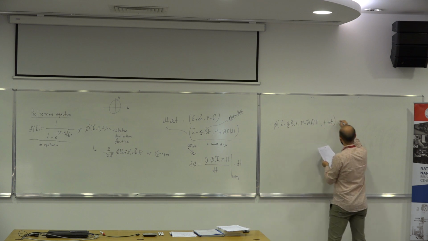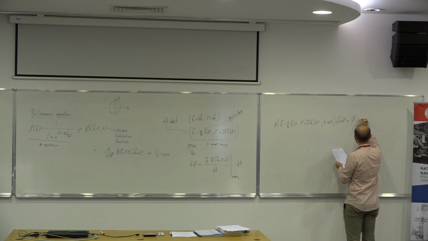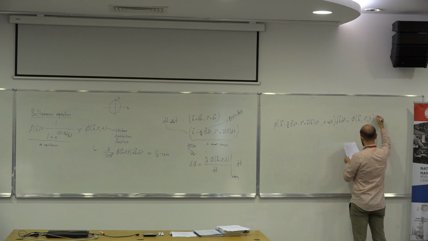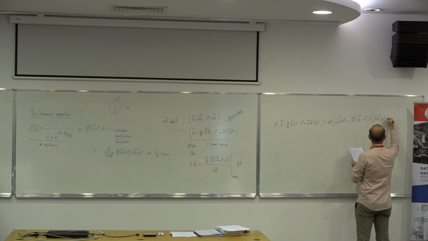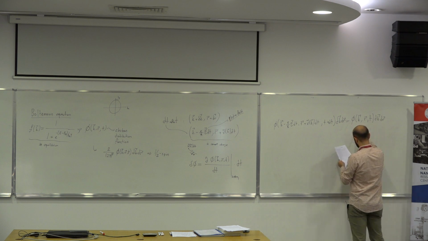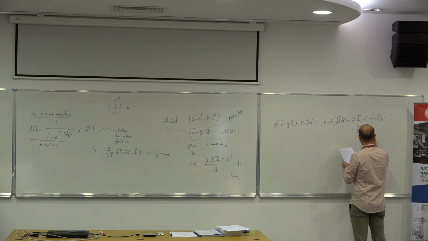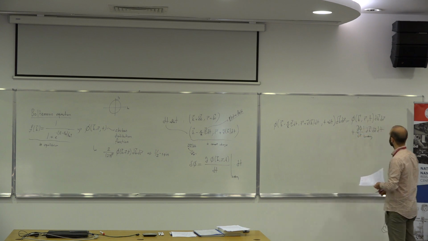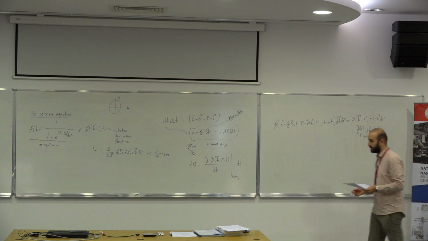delta T. Again, I have this dk dr is going to be equal to K R T dk dr plus that scattering event, so dk dr dt. Now what I have done is this.